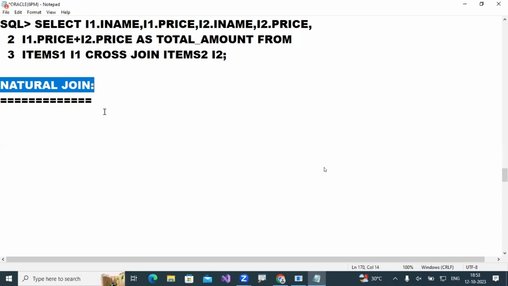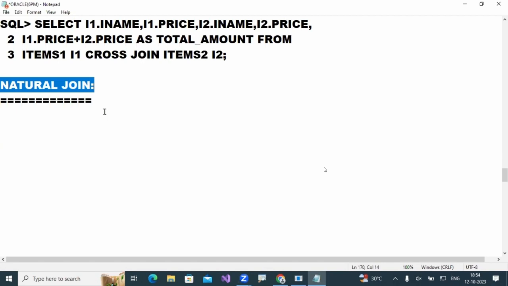We write e dot cid is equal to c dot cid, e dot department number is equal to d dot department number. Yes or no? So these conditions are prepared explicitly by the user. But natural join conditions are prepared by the system implicitly. Okay, now, but how? It depends on an equal operator.